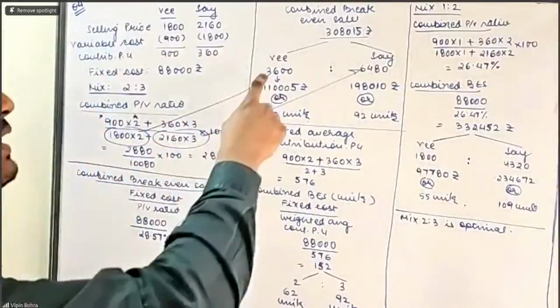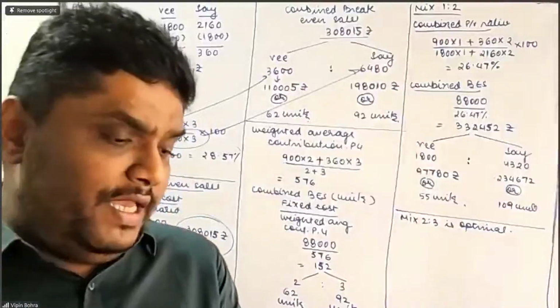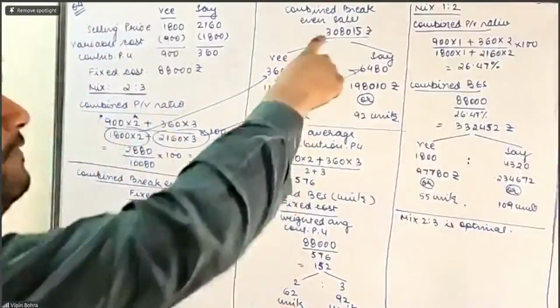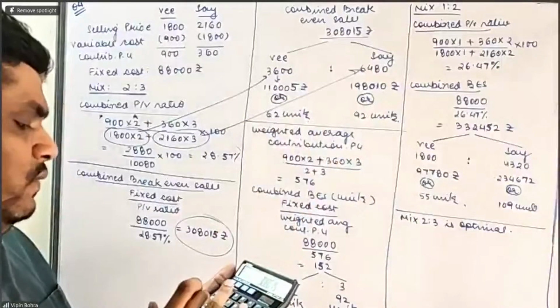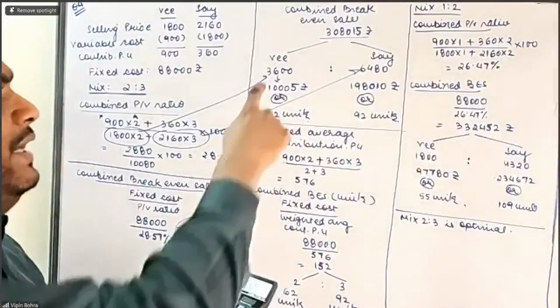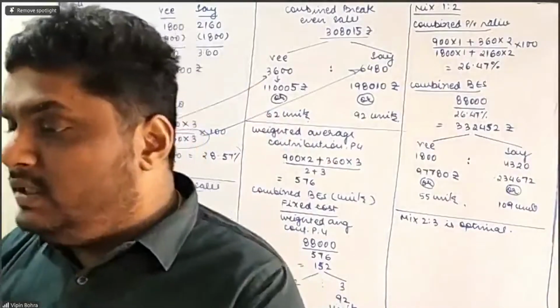See, 3600 is to 6480. So 308015 divided by the total of these two, that is 10080, into 3600. So we will get 1110005.